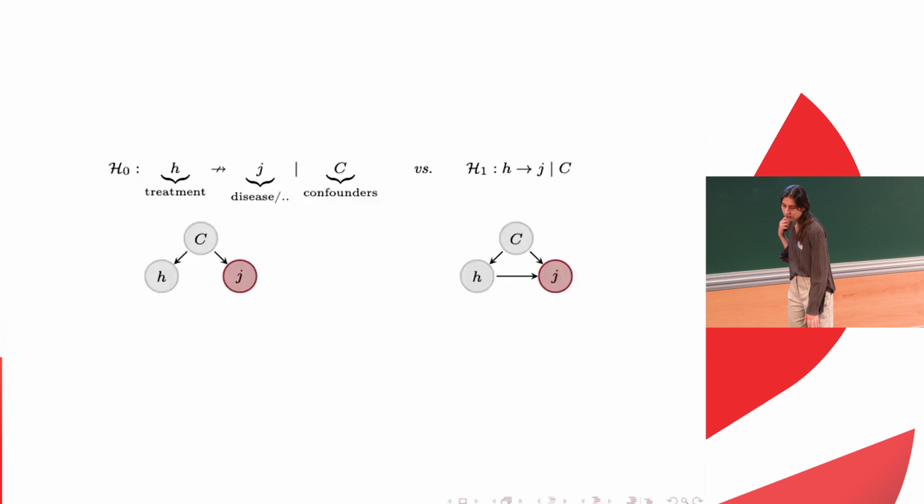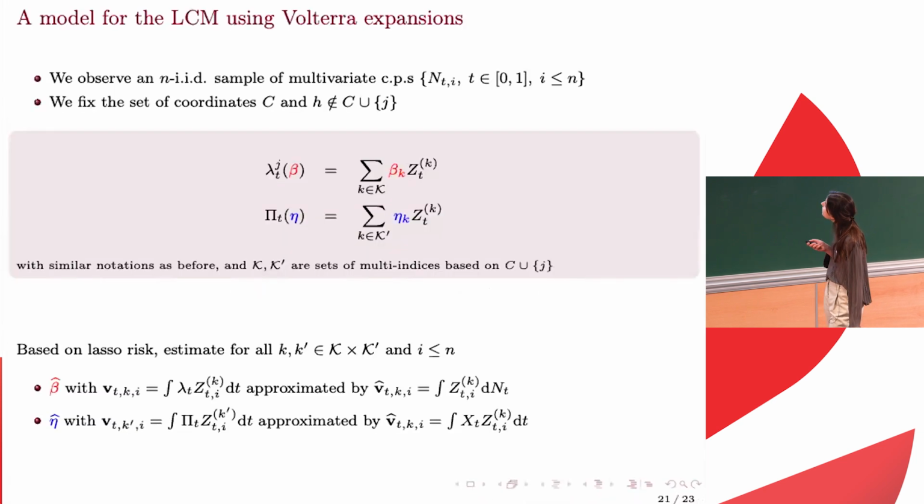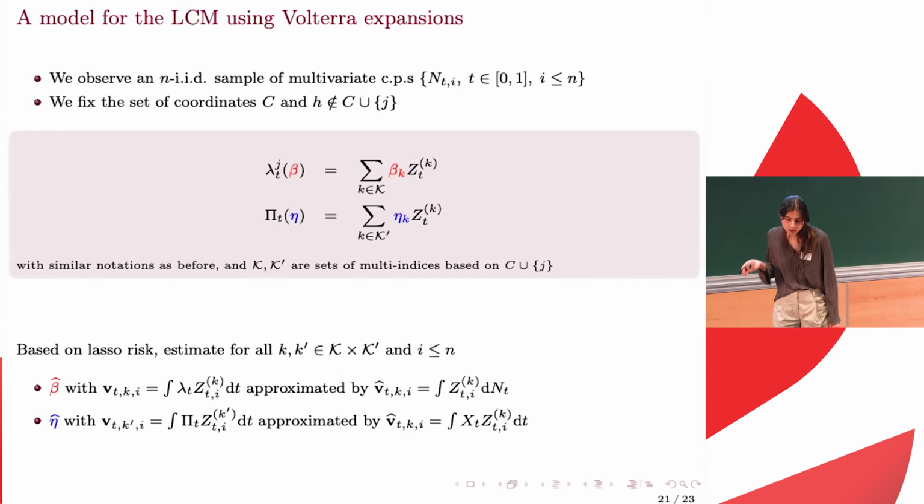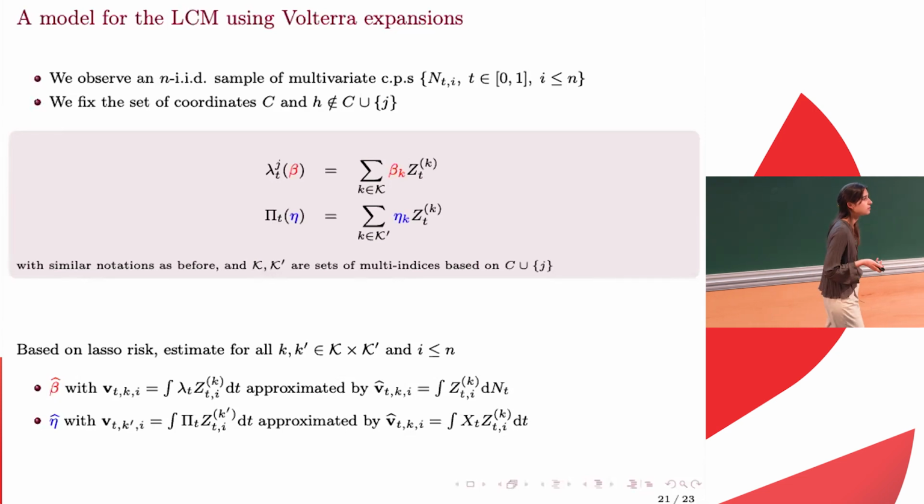Okay, so let's go back to our initial problem, which was conditional local independence testing, where I would like to test whether my treatment has an effect on the outcome, on the disease, given the confounders. Okay. So I want to check whether there exists an edge between H and J here. All right. So I want to use this local covariance measure, right?